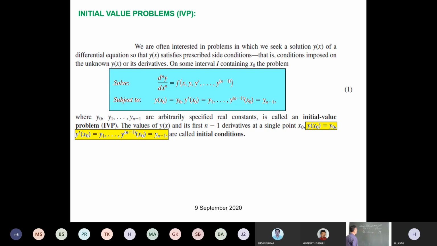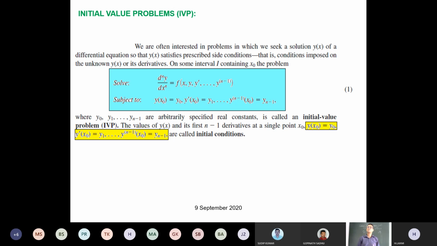Now if I want to solve this differential equation, I may get some mathematical expression, but you know that solving it is going to give me an n parameter family of curves, right? Now, if I'm seeking some particular solution out of this differential equation, I must be given some conditions.